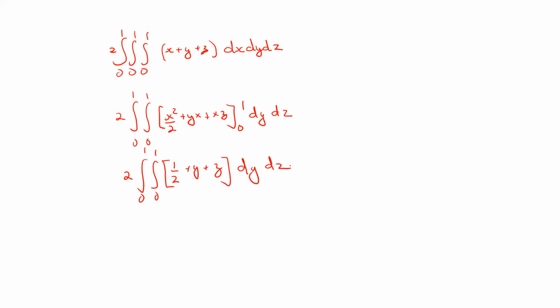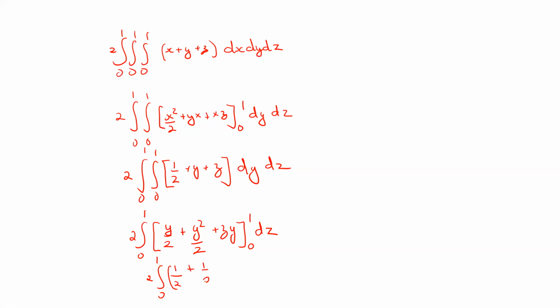The z integral remains, and you get y by 2, y square by 2, and yz, dz. Taking the upper limit minus the lower limit in place of y gives half plus half plus z.